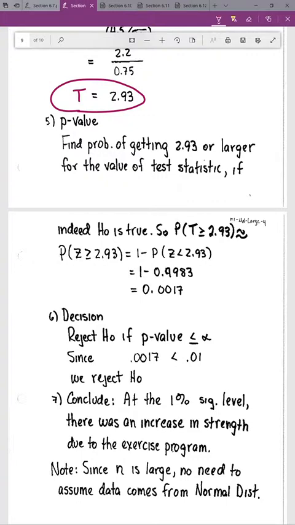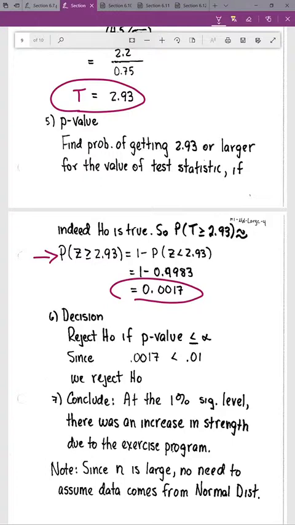Now, because this is a large sample size, we can change our t into a z and try to find the probability of z being greater than or equal to 2.93. Using our z table, we know that would become 1 minus the probability of z less than 2.93, which is equal to 1 minus 0.9983, which is equivalent to 0.0017. This concludes step 5.